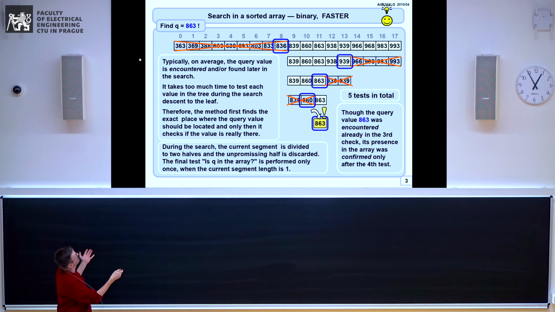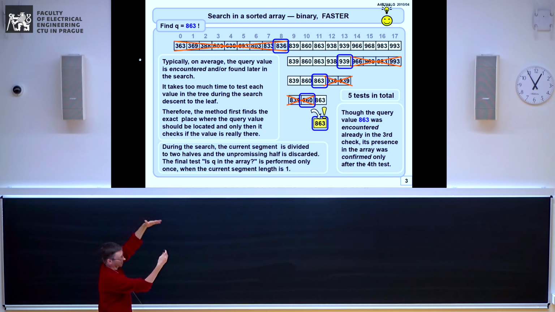So if at each stage of the search you are also checking those intermediate values, whether they are equal to your query, it takes some time, and you will then spend two tests here, two tests here, and you may now imagine that there are more lines if the data are bigger.